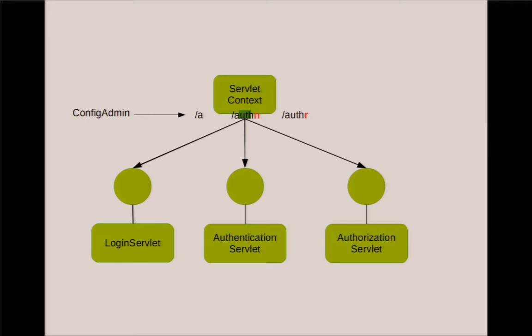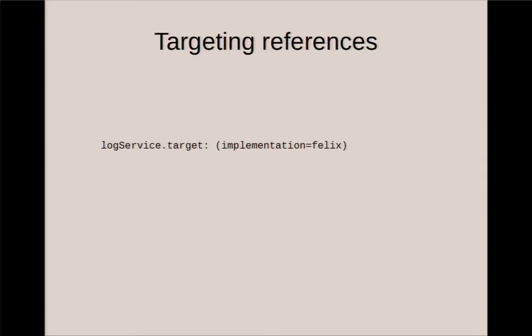So we thought that it's better to take the configuration up here to the reference level. So you can say that the URL mapping of this servlet is A, the URL mapping of this servlet is authentication N and authentication R. And how we did it: there is this dot target property, and we specified a new one, dot clause.